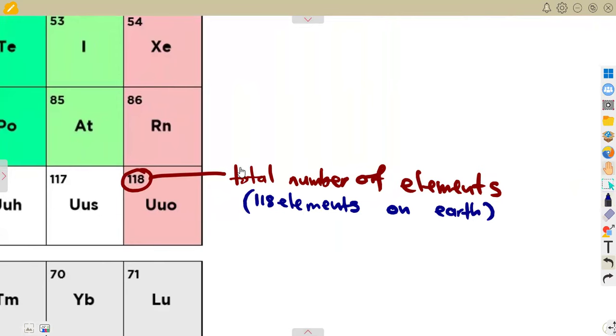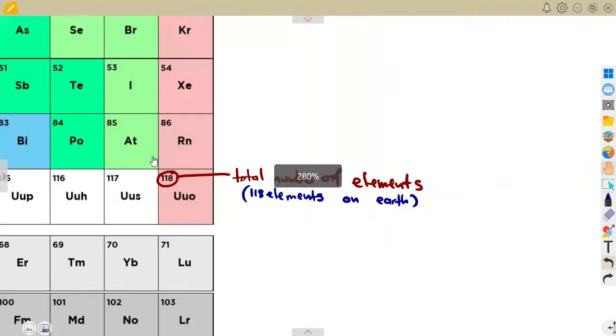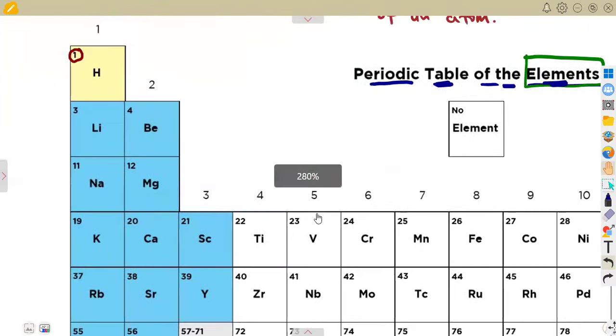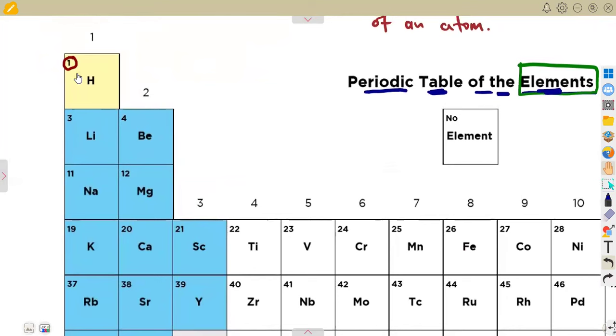Okay, so like I was explaining, these are the elements that we are working with, starting with the first one, which is hydrogen. We are going to have them in a certain order.